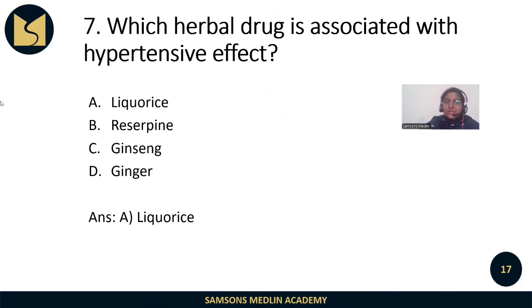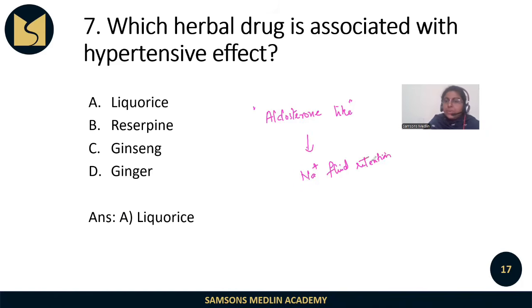We have just studied the aldosterone-like effect of licorice. When glycyrrhizic acid stimulates the mineralocorticoid receptor, it produces an aldosterone-like effect. And what is the pharmacological action of aldosterone? It can cause sodium and fluid retention.